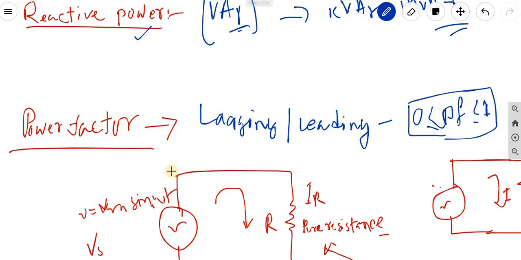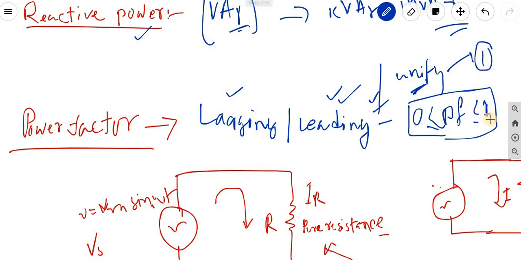Power factor always lies between 0 and 1. Either it will be lagging, leading or unity. Unity means 1. In case the power factor is 1, that is unity. In some cases the power factor angle is 0 and we get the power factor as unity.